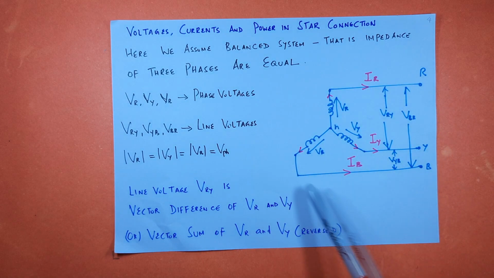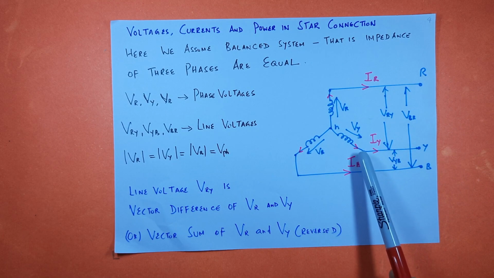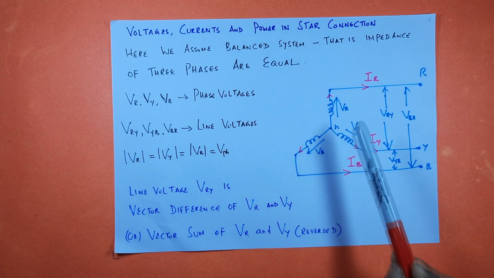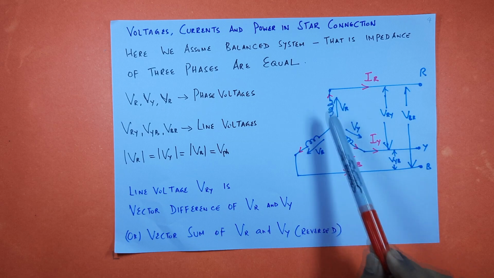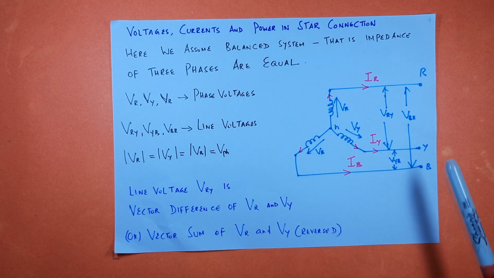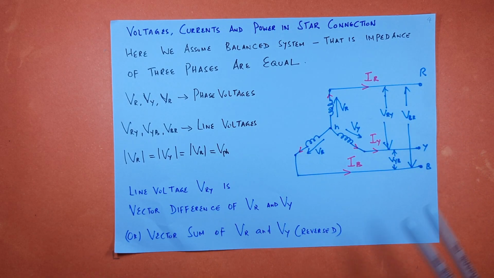So this is the representation of star connection. This is the neutral. We have R phase, this is Y phase, this is B phase. So the phase voltages are VR, Vy, Vb. And between R and Y we have the line voltage VRY.